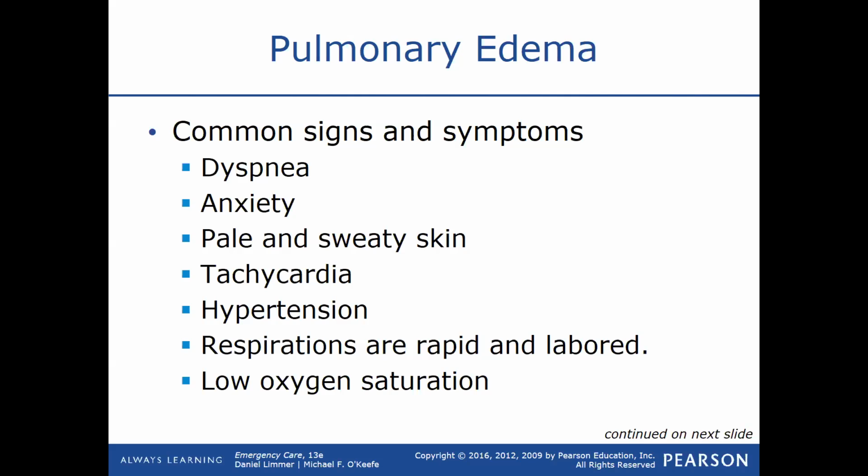Respirations are rapid and labored. So if you have gas exchange issues in the lungs, remember the chemoreceptors we talked about earlier? If blood is not able to cross that membrane from the alveoli onto the capillaries to be carried to the tissues, then CO2 is starting to build up in your system and oxygen levels are starting to go down.